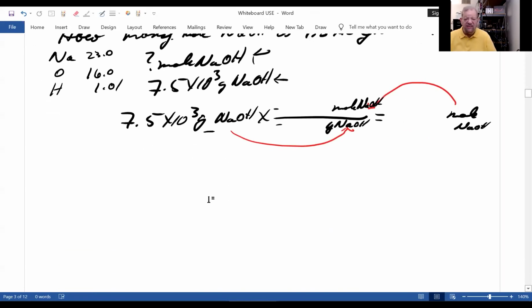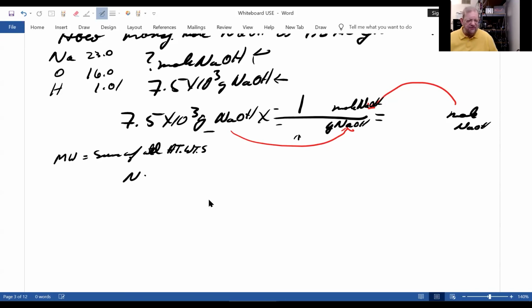We need, for every 1 mole of sodium hydroxide, the molecular weight of sodium hydroxide. How do I get that? The molecular weight equals the sum of all atomic weights in the molecule.